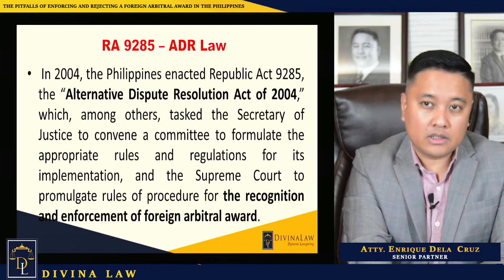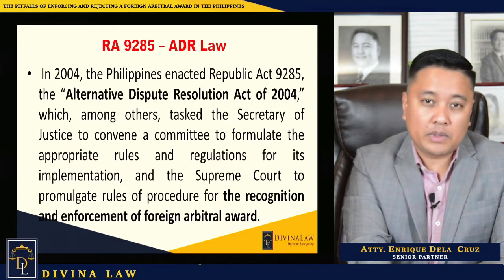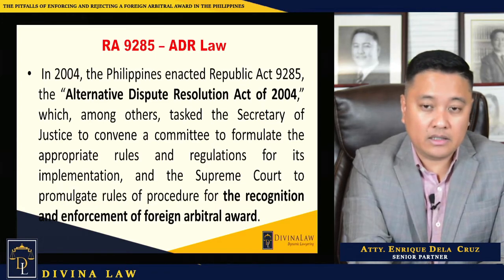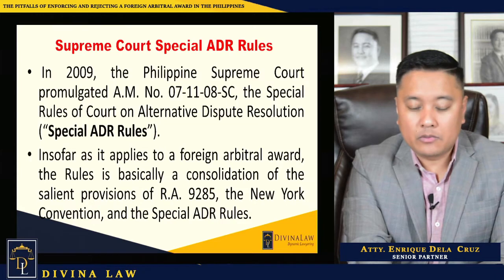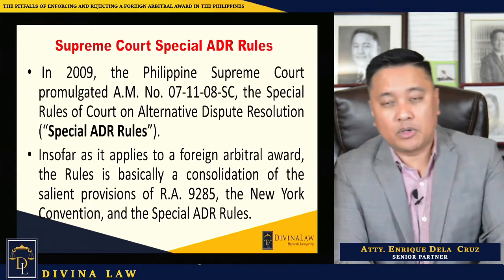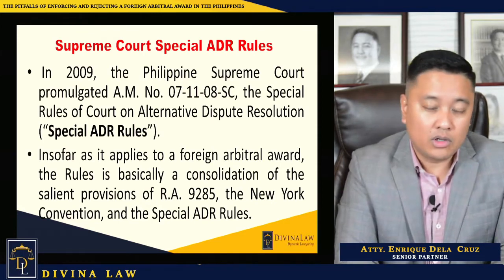Now, the law prescribes certain procedures. It has its implementing rules and regulations, but the Supreme Court also promulgated the special ADR rules. We refer to them simply as the special ADR rules, promulgated in 2009 or 5 years after the law was enacted.